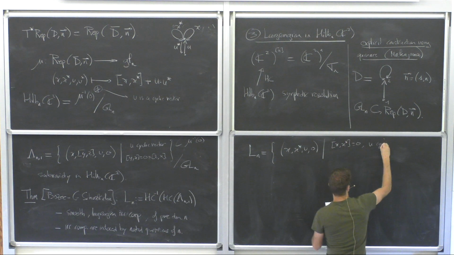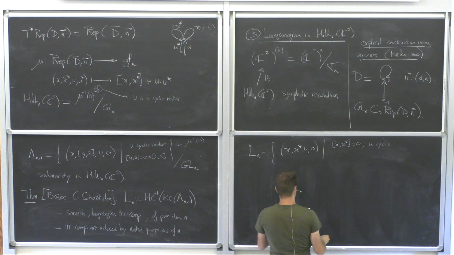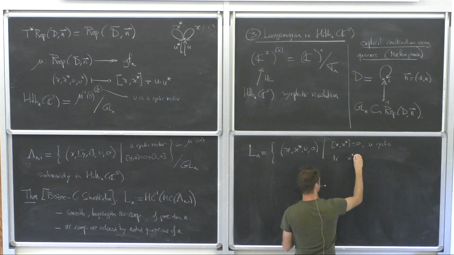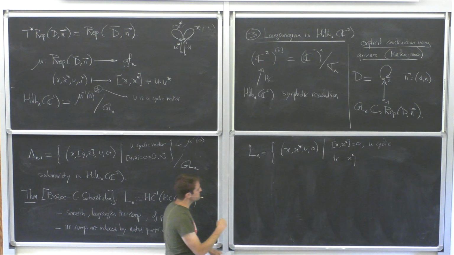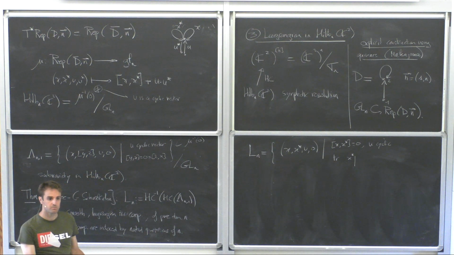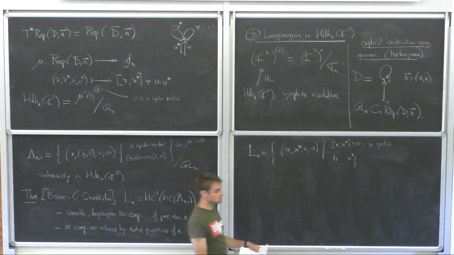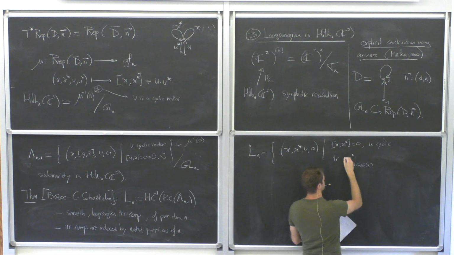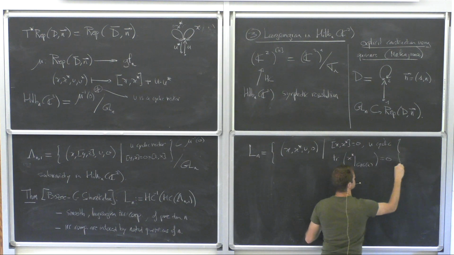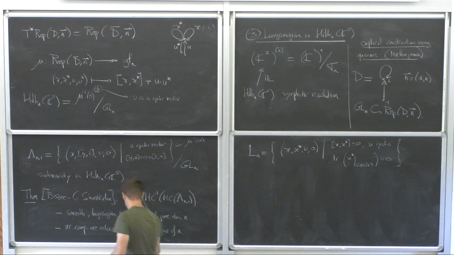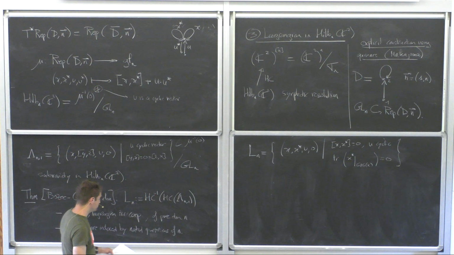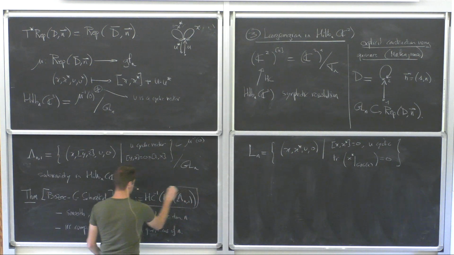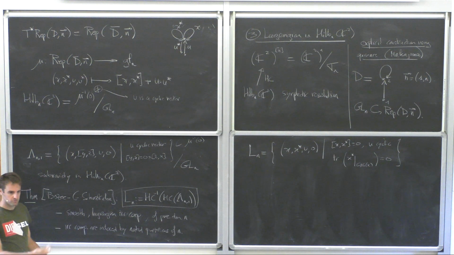We want u to be a cyclic vector. And then we want an additional condition: whenever I take x star, it stabilizes any generalized eigenspace of x just because x and x star commute. So I restrict x star to any generalized eigenspace of x. The trace of this must be 0. So I think that's a much nicer description than this thing which you might not have control on, when you saturate it with the Hilbert-Chow map.